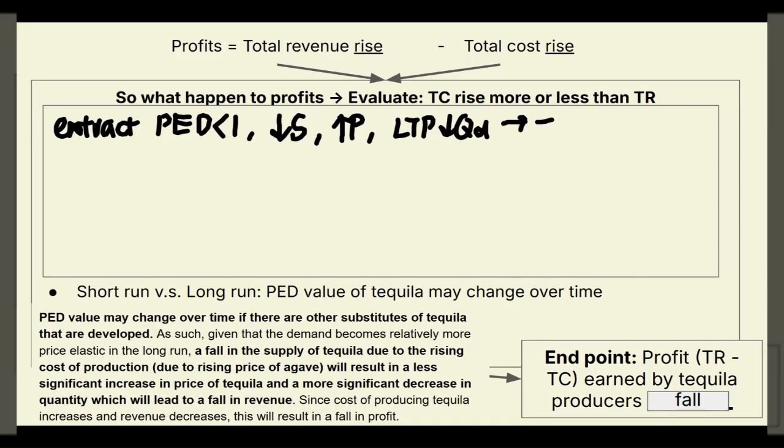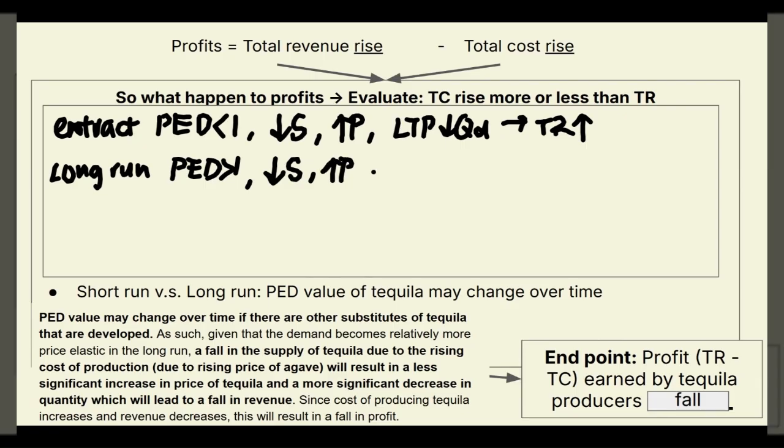Therefore, total revenue rose. However, if we look at the long run, the PED value might have changed. PED might be more than 1 because consumers now can seek alternatives, or there might be more substitutes available. So for the same fall in supply, you will see that the prices still increase.